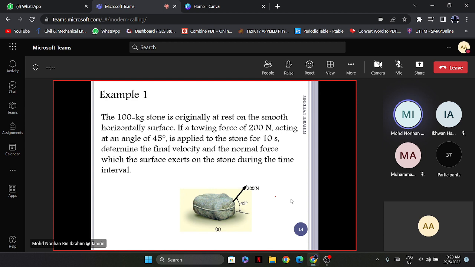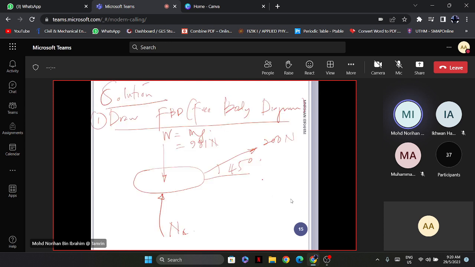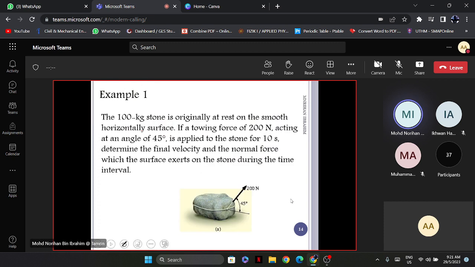If you look at this illustration, it has the possibility to move rightward, based on these illustrations. So it has the velocity v and also acceleration a. It is also given that the time is equal to 10 seconds, the force is applied to the stone for 10 seconds.